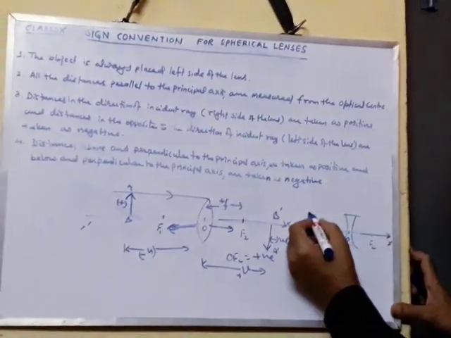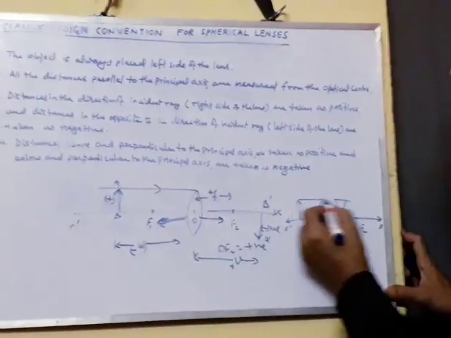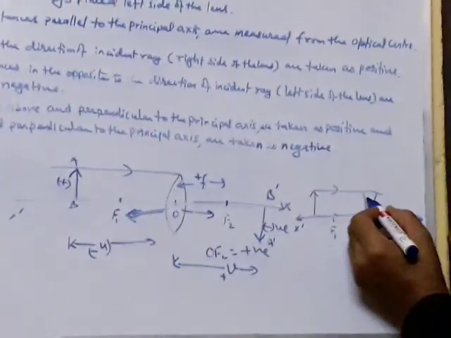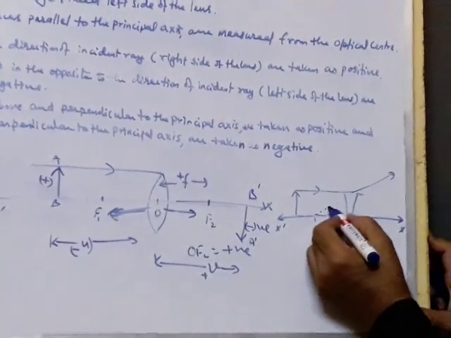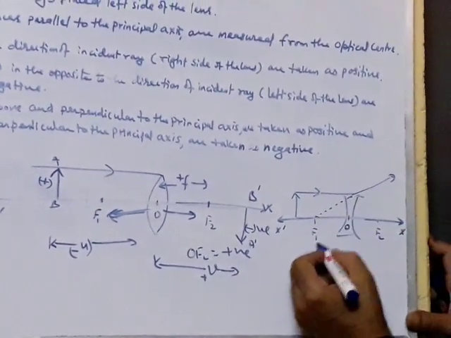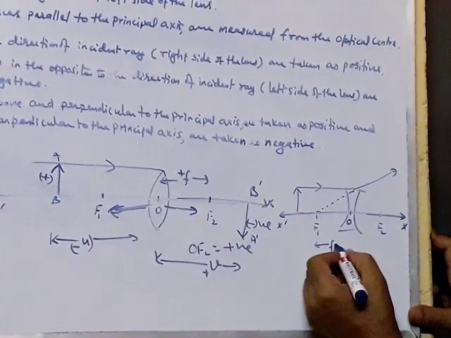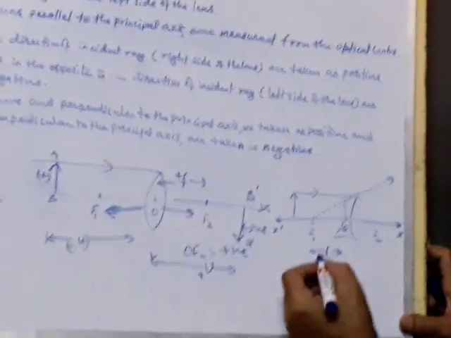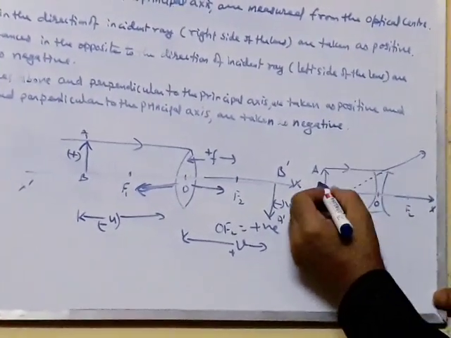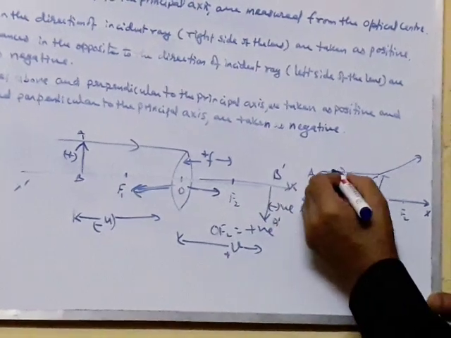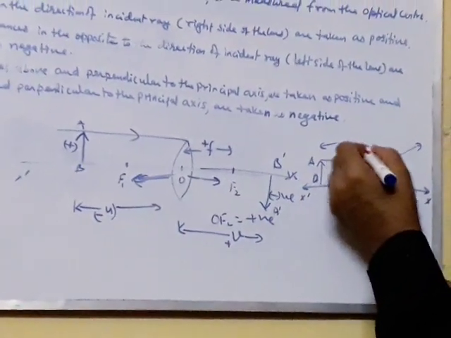When the object is placed here, you see that a parallel ray, after refraction, is directed in such a way that it appears to come from the focus. So this is the focal length for the concave lens, and it is negative, right? Now the object distance AB is negative as it is always on the left side. So all object distances are negative.